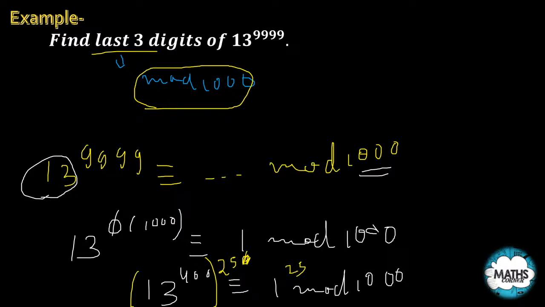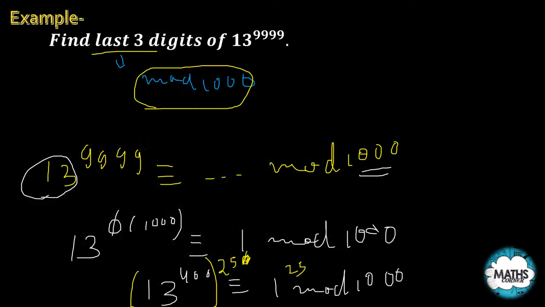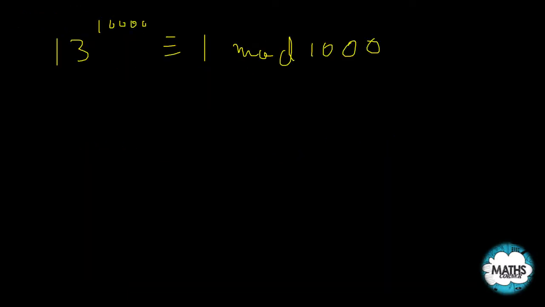So what is 25 into 400? It will become 10,000. So I get 13 to the power 400 into 25, which is 10,000, is congruent to 1 raised to power 25, which is 1 mod 1000. But I have to calculate 13 to the power 9999, so I have to remove a 13 from here.